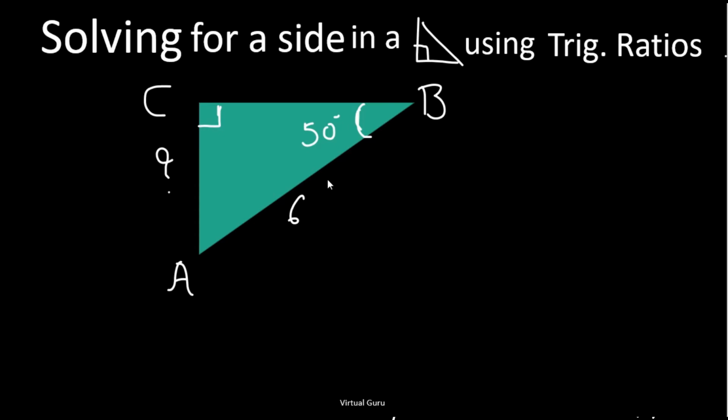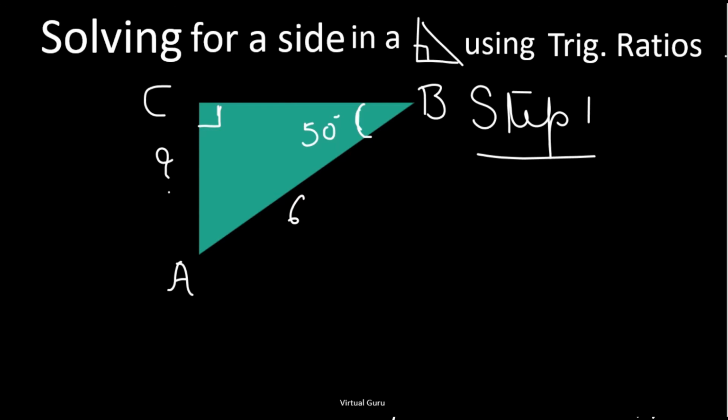So, step one, this is the starting step. You can just write it down so that you won't get confused later. Step one: decide which trigonometric ratio to use. Let's focus on angle B right now, since that is given in the diagram in the question.